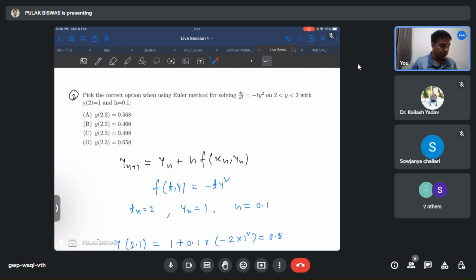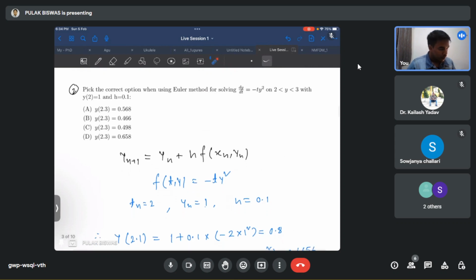If you recall, the Euler's scheme is like this: the future value equals the present value plus the increment times the function's value at the present value. But here, the initial condition mentioned is y of 2 equal to 1.